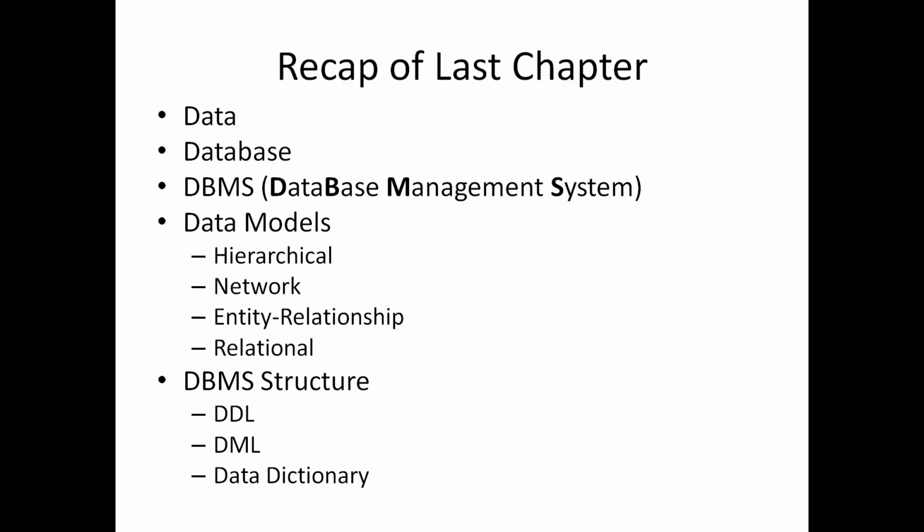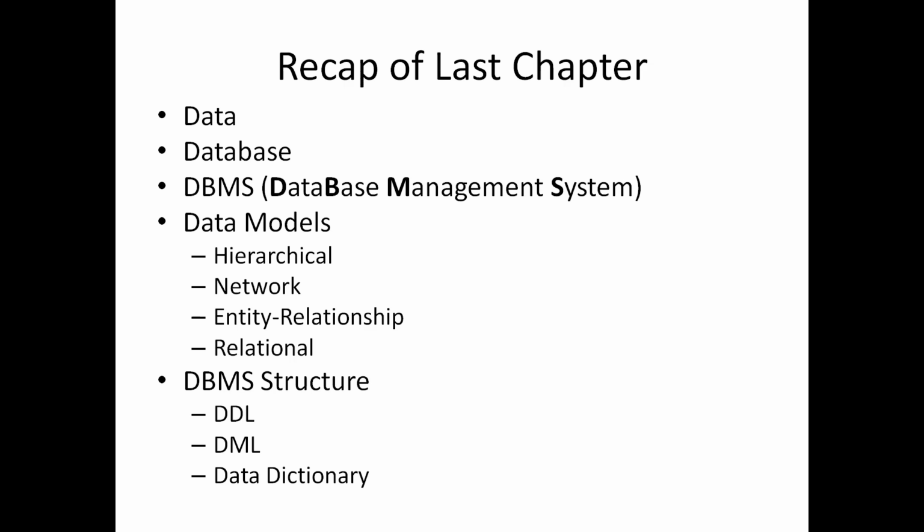Then we looked at the various data models. When you're storing your data in a database, not in a file system but in a DBMS, you need to follow some techniques to store that data, using something called data modeling. There are various data models that we talked about, like hierarchical, network, entity relationship, and relational.